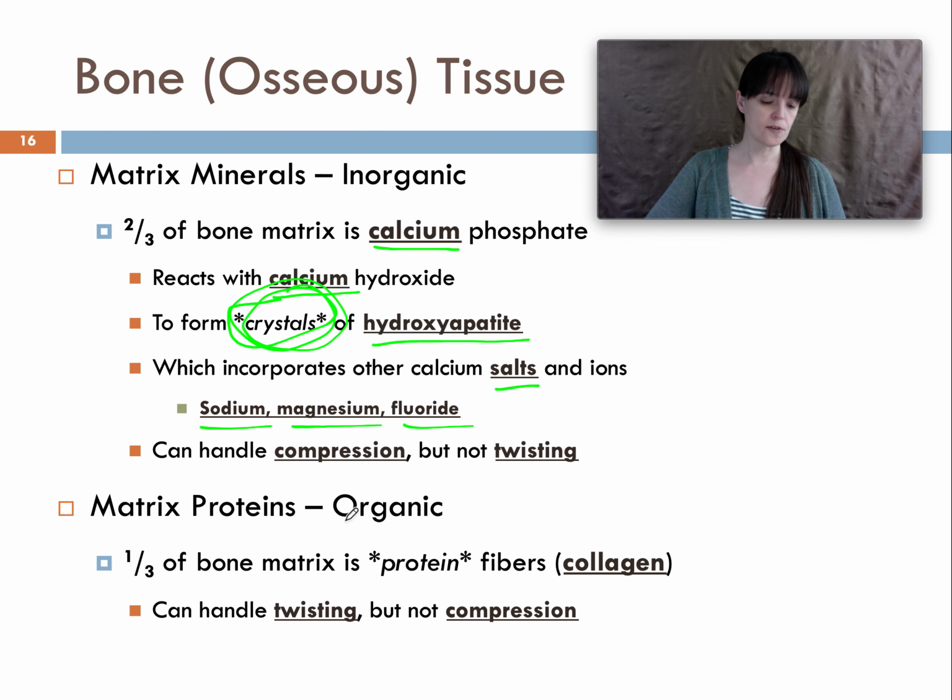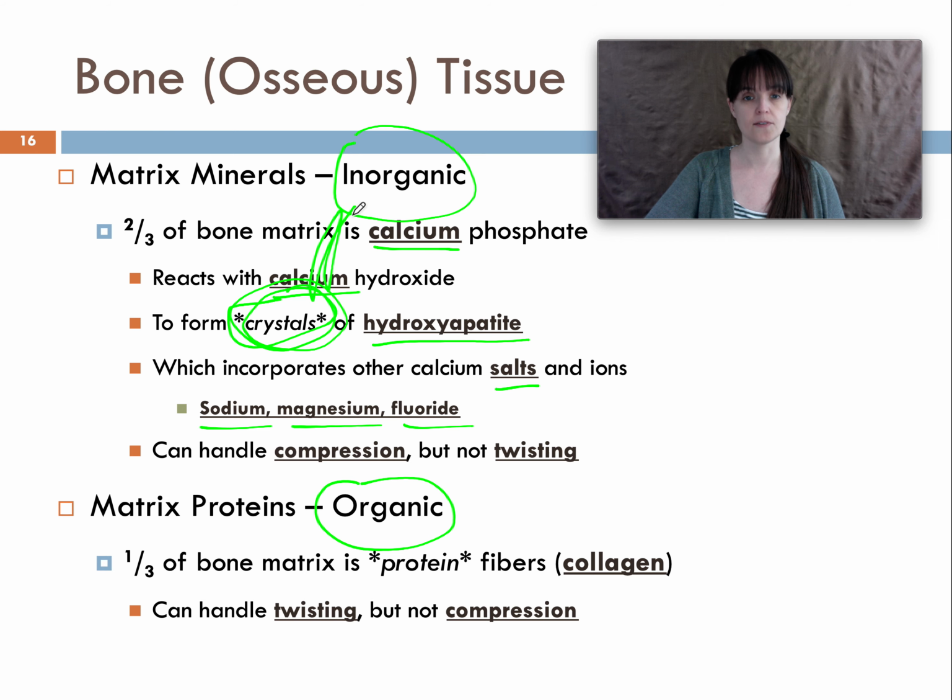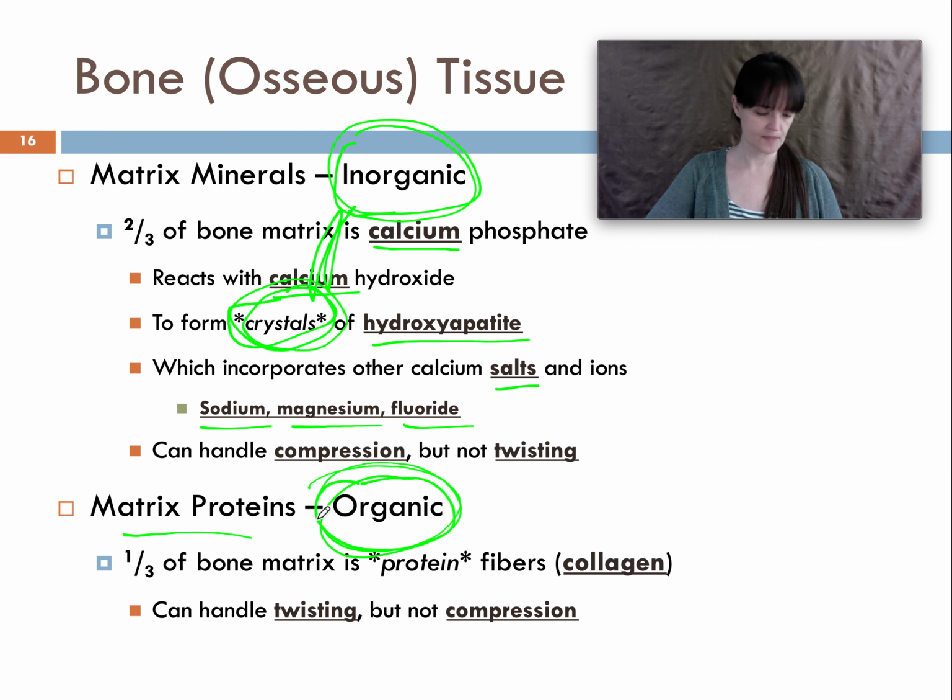The other one-third of bone matrix is organic. So the minerals are inorganic crystals of calcium and hydroxy to make hydroxyapatite. The proteins are organic. One-third of the bone matrix is organic protein, collagen.